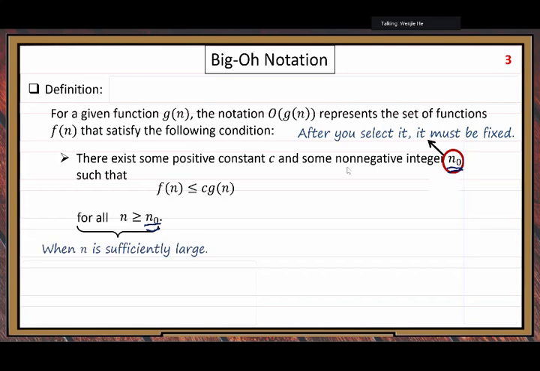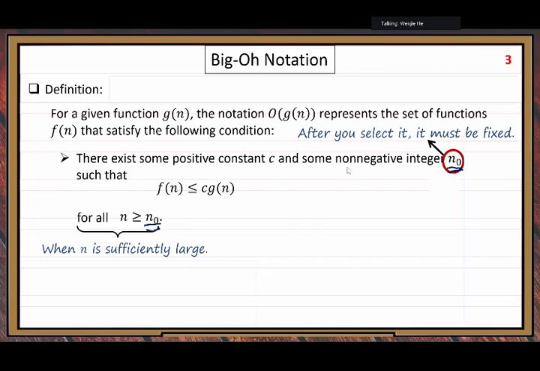So what do we mean by n sufficiently large? There is some hidden constant n0. When n is greater or equal to n0, then some condition must be satisfied. In one of our quiz questions, you can see that.